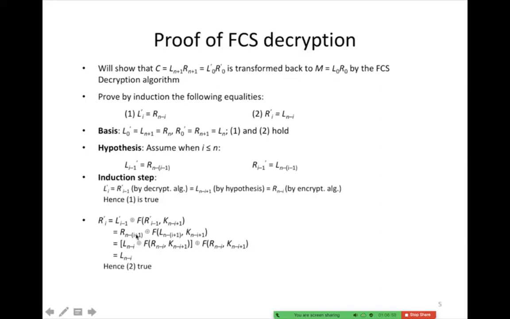This is a typo, or you get rid of these parentheses. And then exclusive OR. We know R sub I minus 1 prime is equal to this. We'll put this in. Again, this should be minus. And we use this same round key.